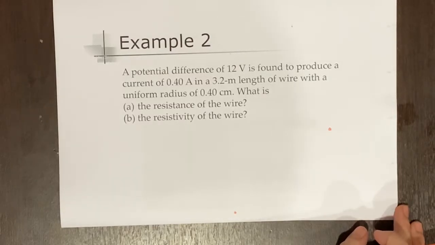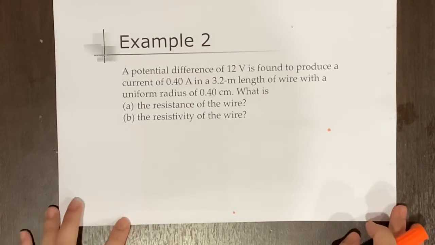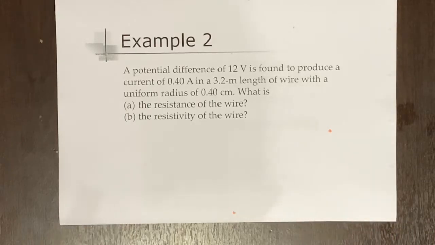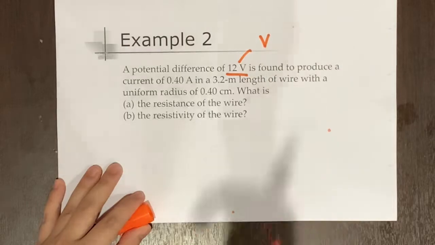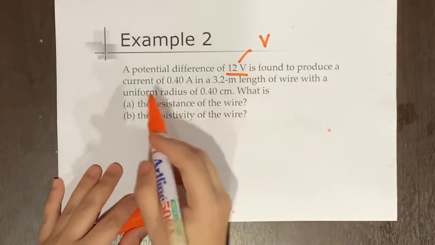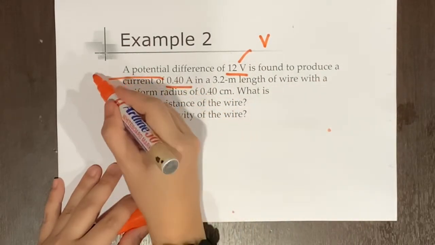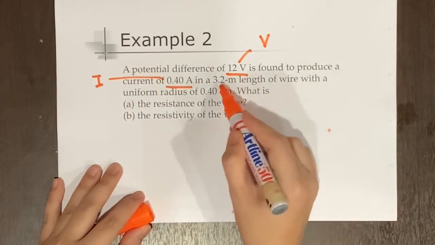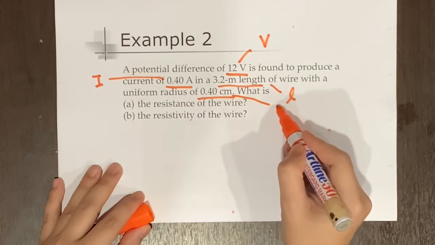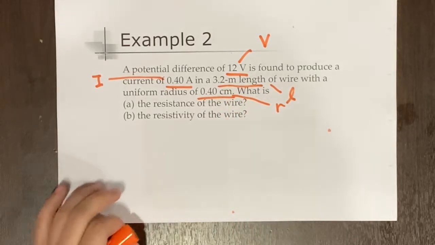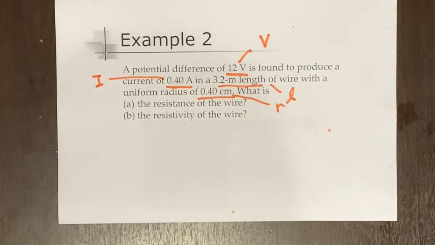Okay, now we move to the second example. A potential difference of 12 volts is found to produce a current of 0.4 ampere. So here will be V, or delta V, and current 0.4 will be I. Length of the wire, uniform radius; this one should be converted into meter. What is the resistance of the wire? It's too simple. How to find resistance?